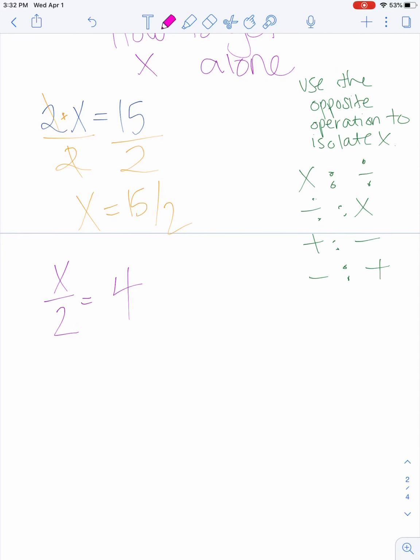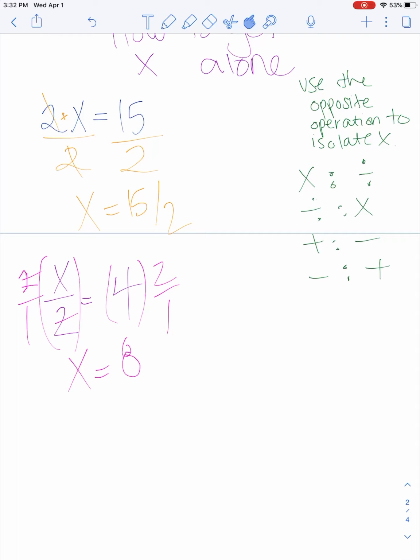If it's being divided, the opposite of division is multiplication, right? So I'm going to multiply it by 2 over 1, and cancel these 2's out, so then I get x equals 8. So I would use multiplication to get rid of something that was being divided.